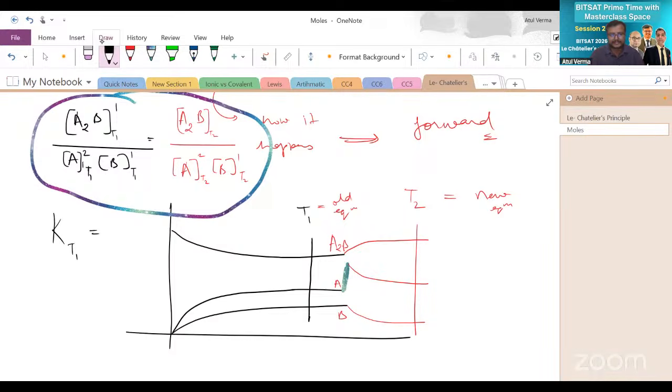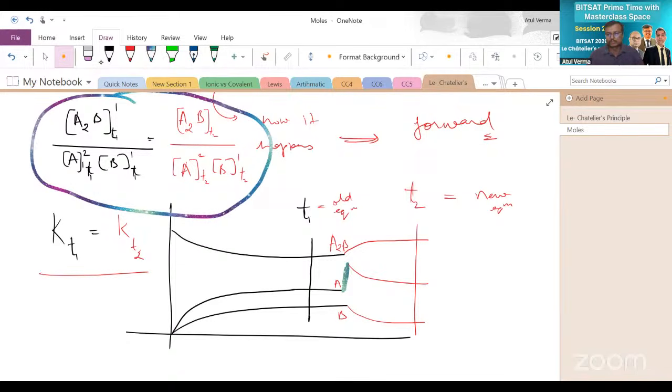Capital T generally denotes temperature. I do not want you to confuse it. So what we need to understand, friends, is that because temperature remains the same, K equilibrium has remained the same. Is that okay?